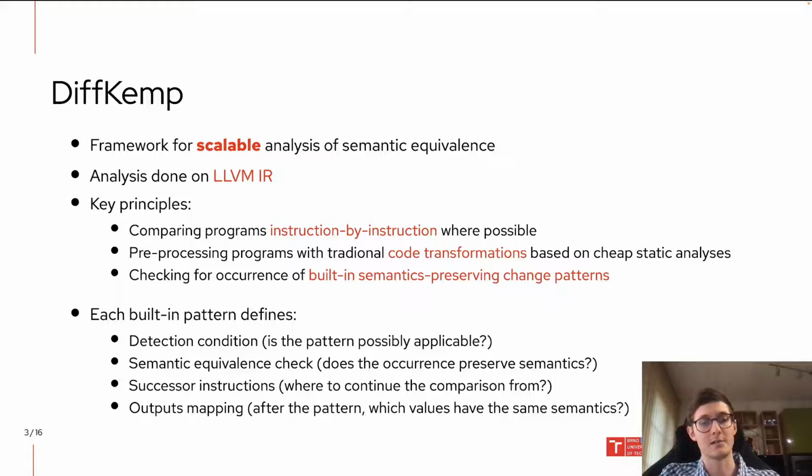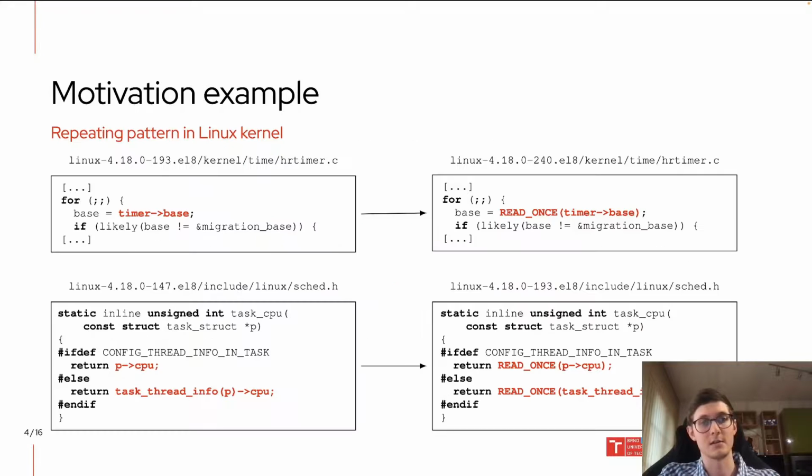However, while this enables us to handle several semantics preserving changes, it does nothing for the safe but semantics altering changes we discussed, such as the security fixes and so on. So let us consider this motivational example, where we can see the same simple change occurring in two completely different Linux kernel versions.